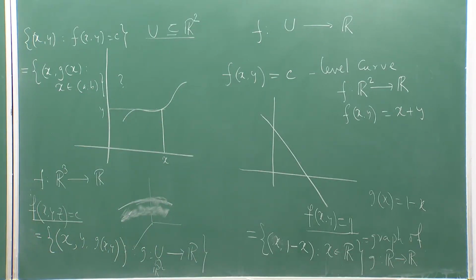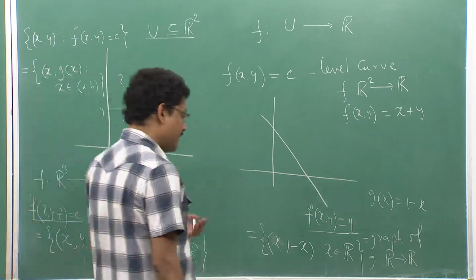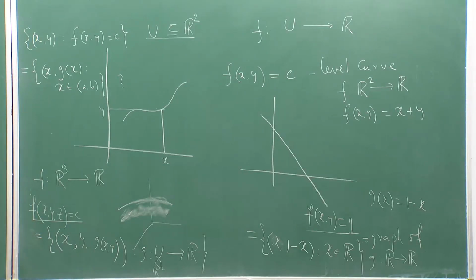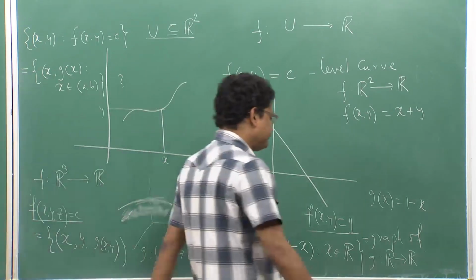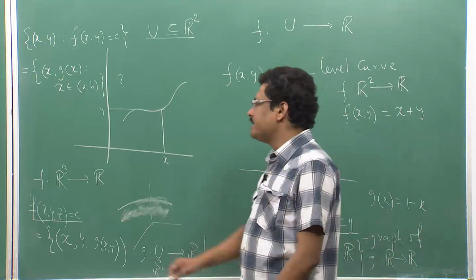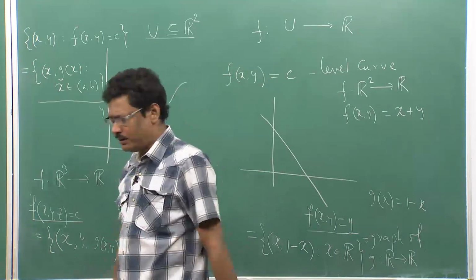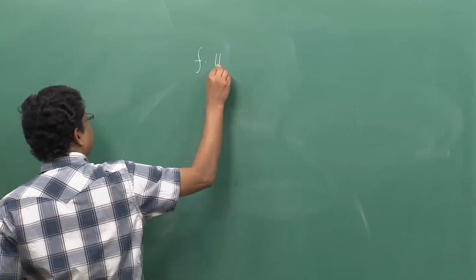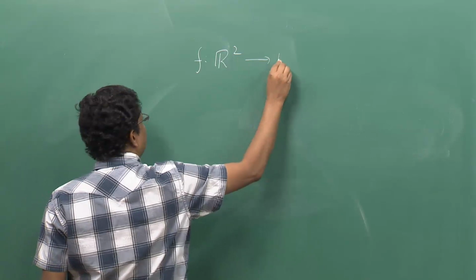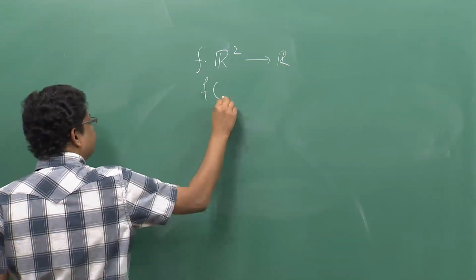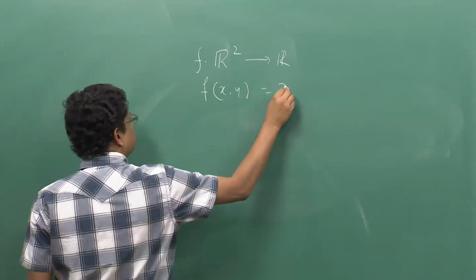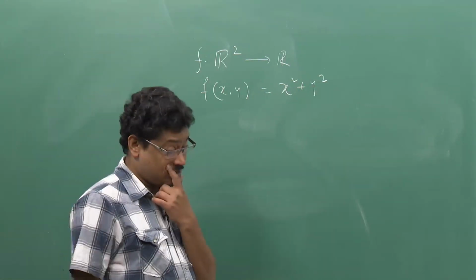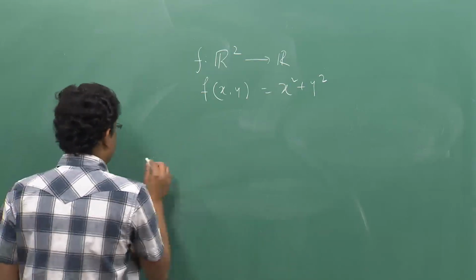It seems very nice that this curve we can write as the graph of a function, but a simple thought, if extended a little bit, you will see that this answer may be negative as well, because suppose I look at this function, x square plus y square, and I look at the level curve.